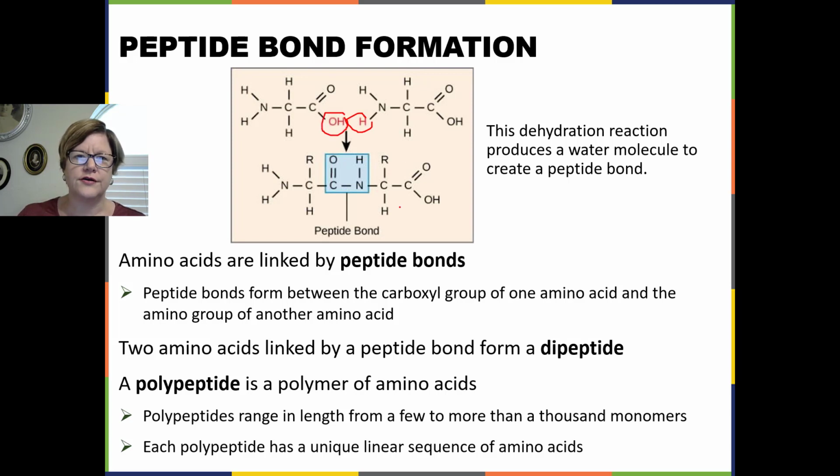And that's where the water comes from. Again, they didn't write the water, but the water is released. Then that creates a bond directly between the carbon of the carboxyl group, which is now not a carboxyl group anymore, and the nitrogen that was an amino group, but now it's not really an amino group anymore. That bond is called the peptide bond.